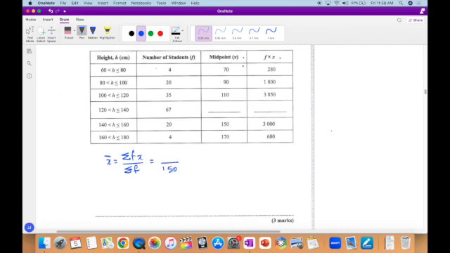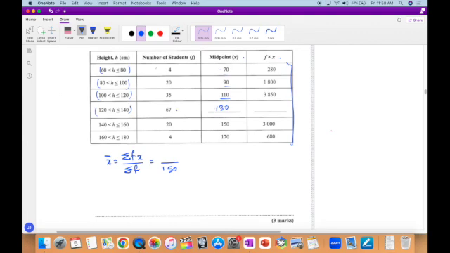So we have to find the summation of f times x, so we need to fill out the table. The midpoint of this class interval, they take as 70. The midpoint of this one, they take as 90. The midpoint of this one, they take as 110. So we could be safe to say that the midpoint of this one will be 130.